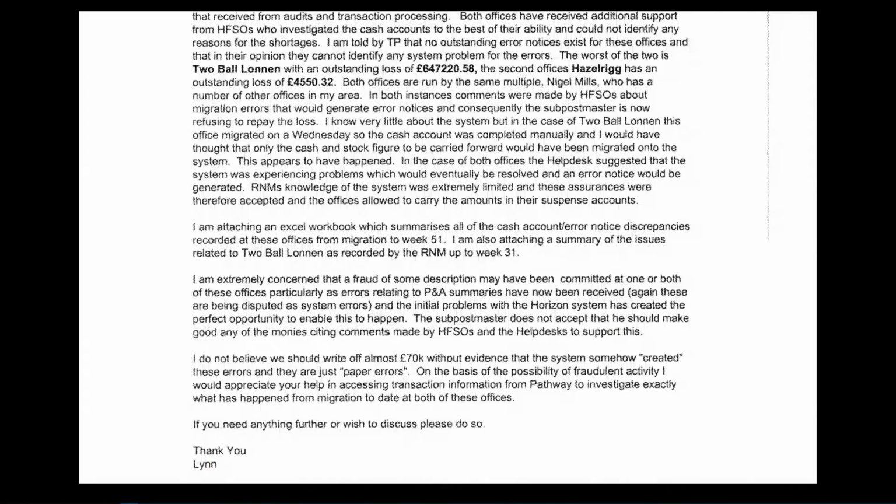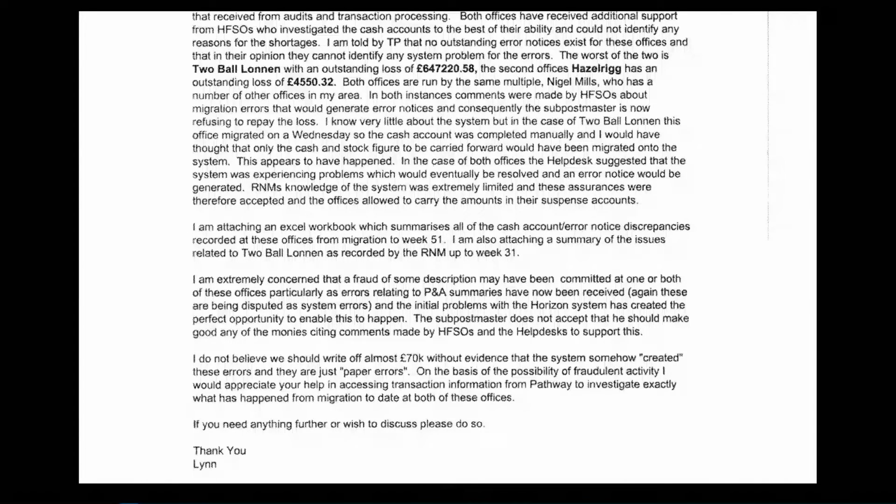I think we were learning as the system was rolled out. Thank you. The final paragraph there says, I don't believe we should write off almost 70,000. That's why it may be 64,000 rather than 640,000. Without evidence that the system somehow created these errors and they are just paper errors.